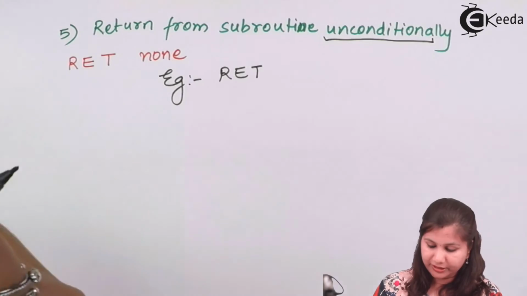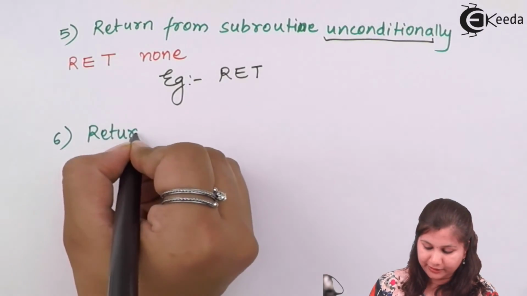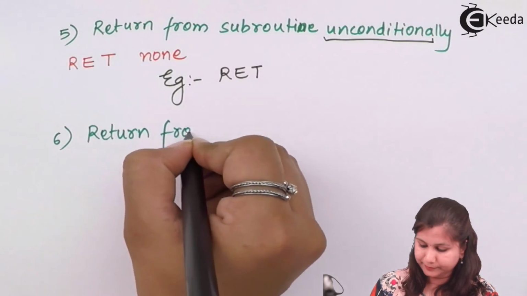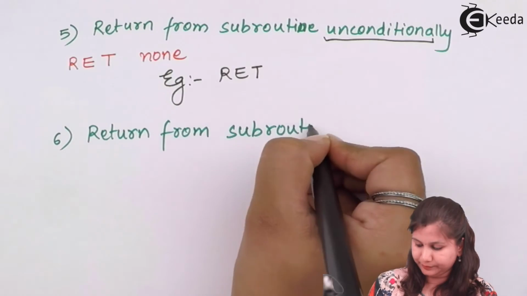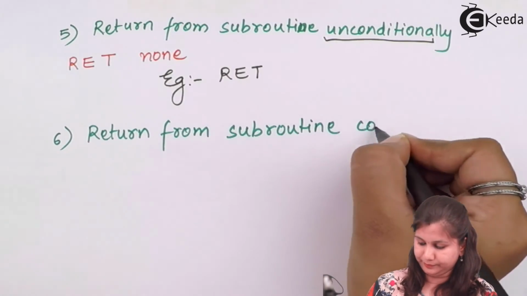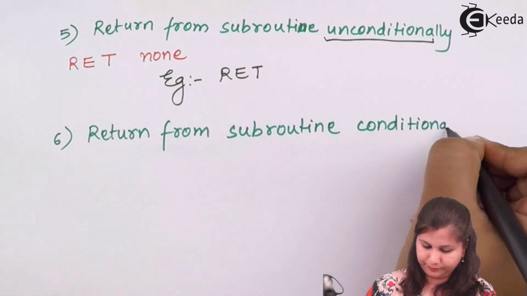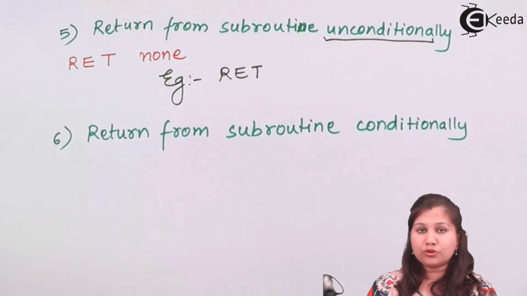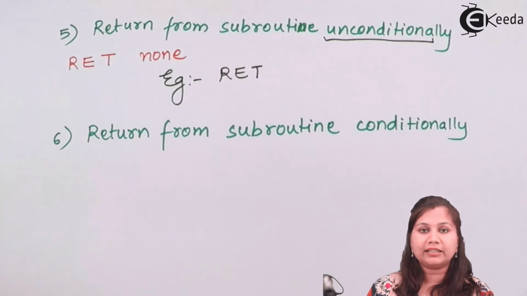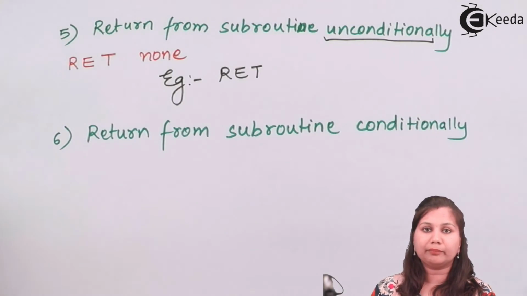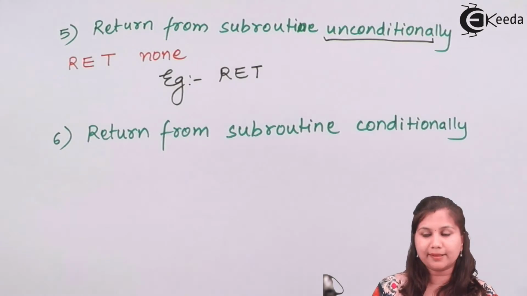Another type of return instruction is return from subroutine conditionally. So here some condition will be specified in the instruction, and when that condition is satisfied, then the microprocessor will return to the main program or return from the subroutine.